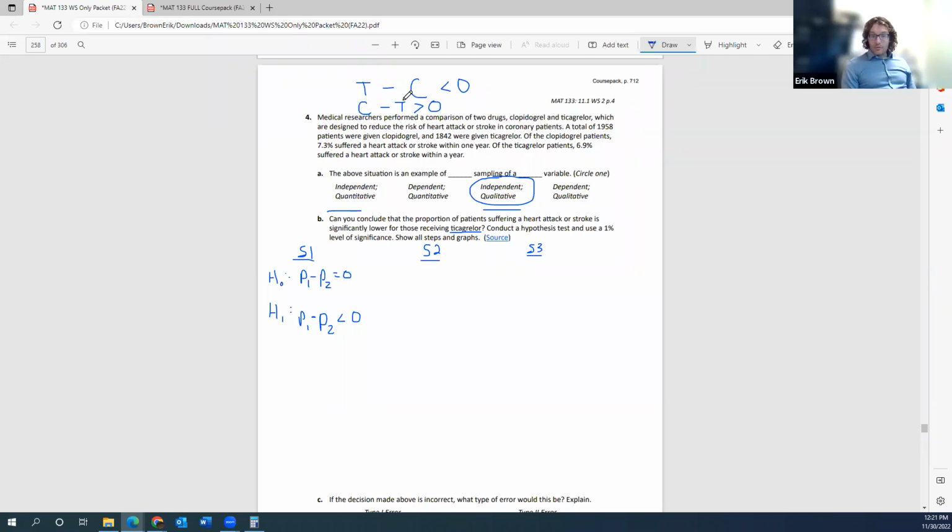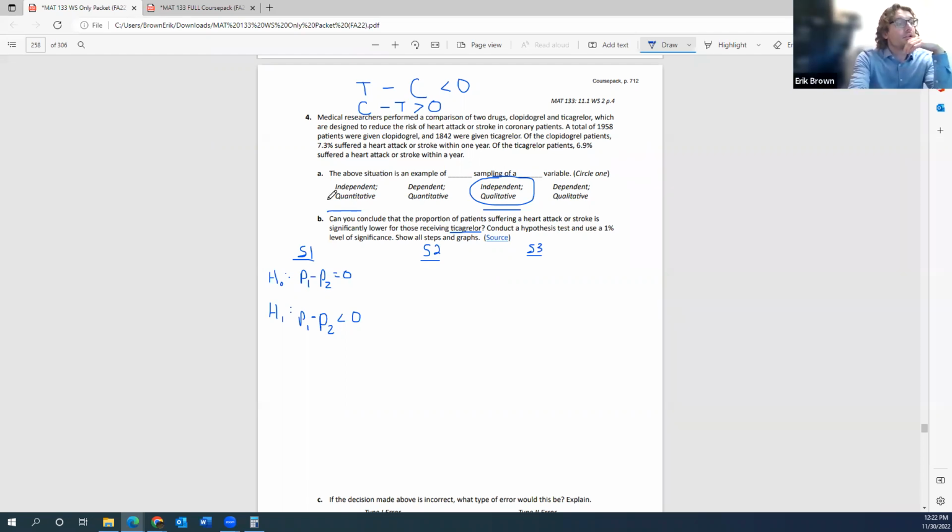Is that something we're going to see again, that the inequality sign is going to change like that? It's dependent on the order you do the subtraction. And you were not told which order to do it. Explicitly, it didn't say make the T drug group 1 and the C drug group 2. It just said, here's the order, write out your hypotheses.